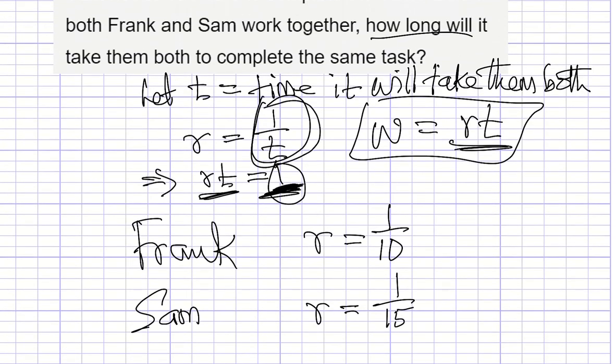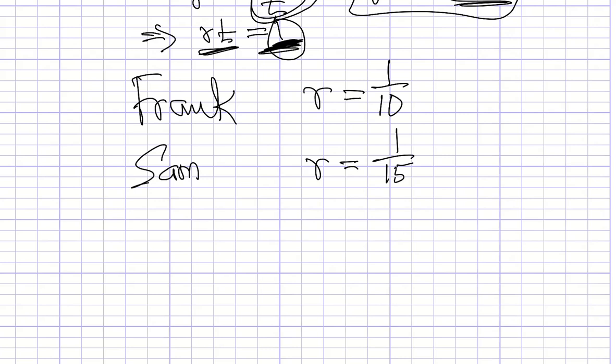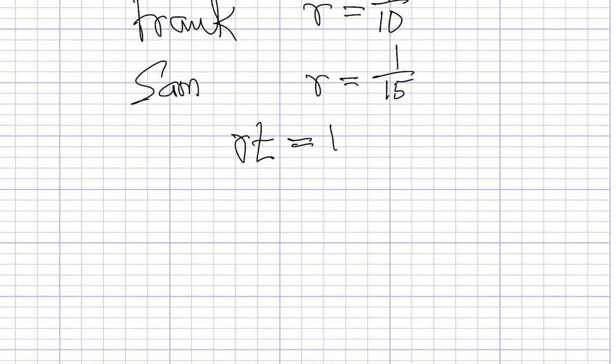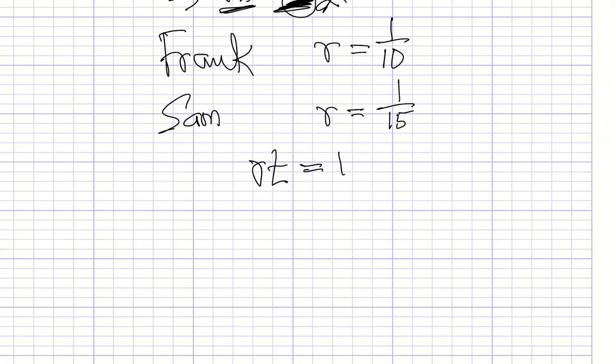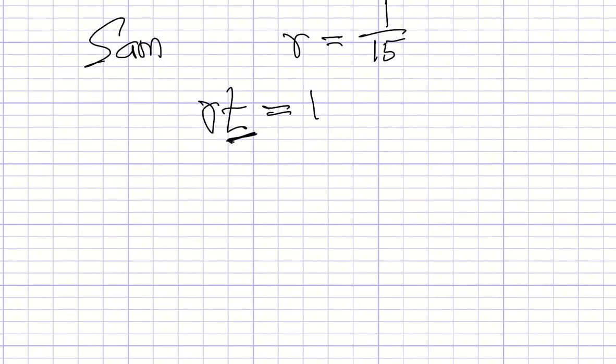And notice that they're doing one job, so rate times time is equal to 1, like we said. We're looking for the time they will use to finish the job.